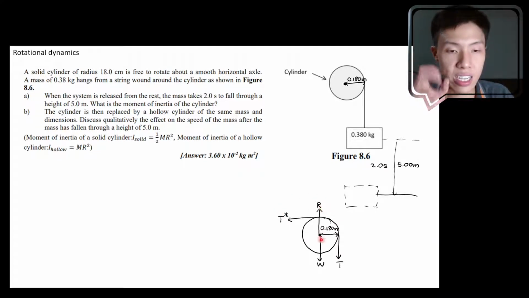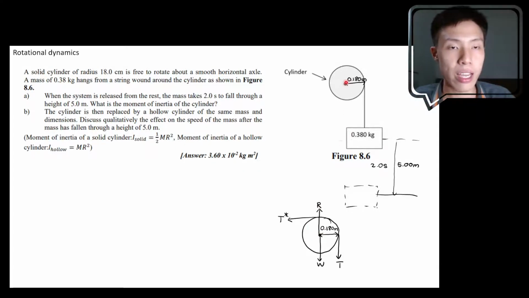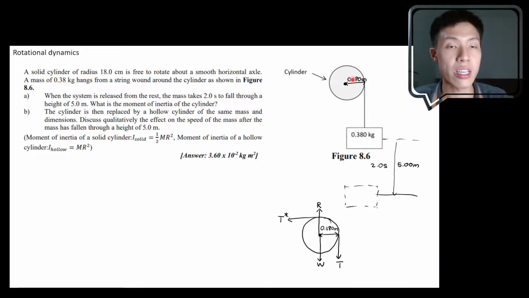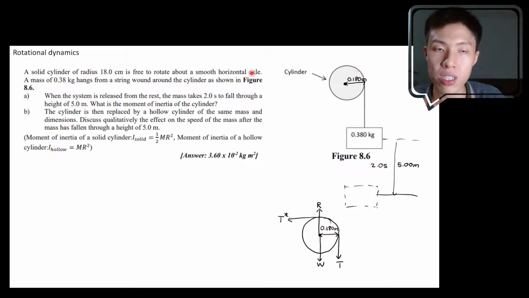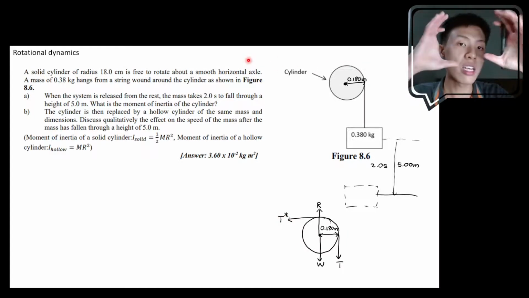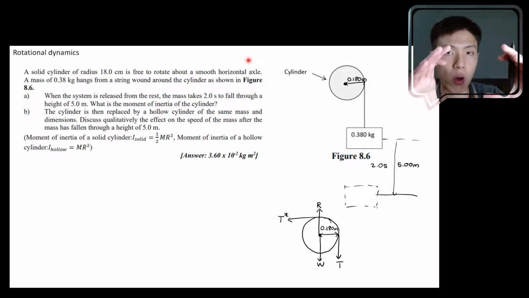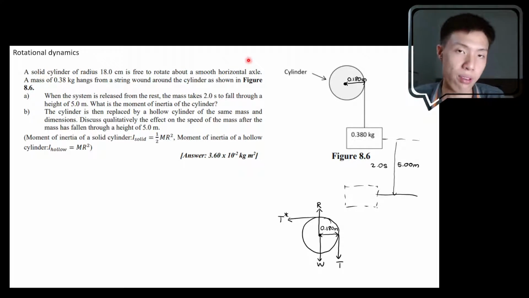In that case, let's think: if we take away the axle from the diagram, then the cylinder will be falling, like what we predicted earlier, right? But now, if we still have this tension, let's say we have a rope pulling towards the left, then the cylinder will be falling while being moved to the left because of the tension being exerted to the left.